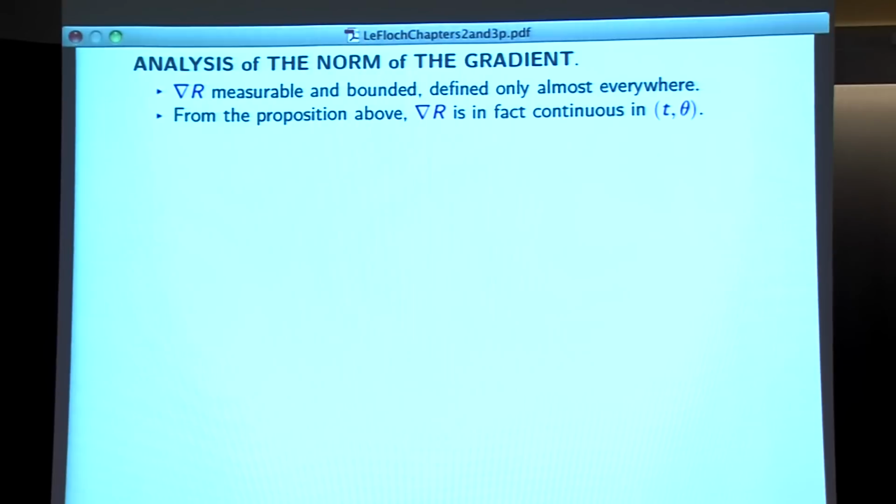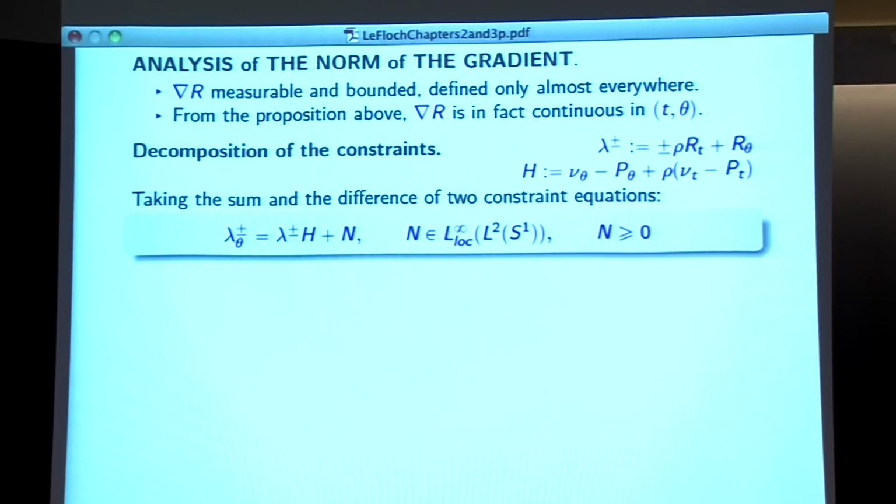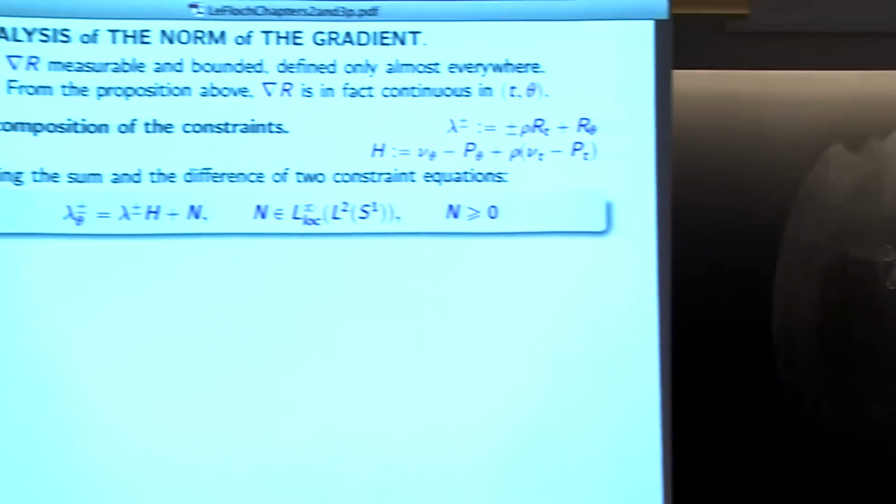And so it's continuous, and that's good for the arguments that we want. So now we look at this nabla R, which is defined everywhere. It's a continuous function on the manifold. To prove this property of the gradient, we return to the Einstein constraints. The Einstein constraints turn out to have this form.